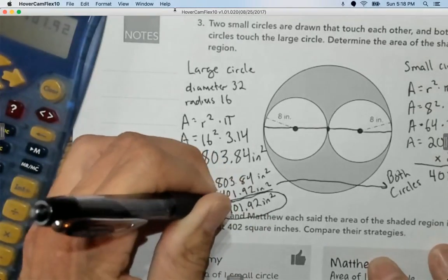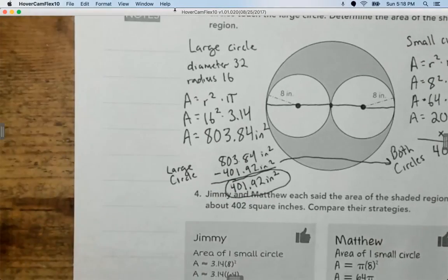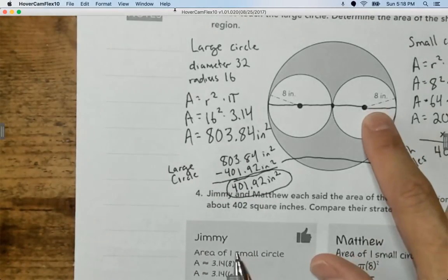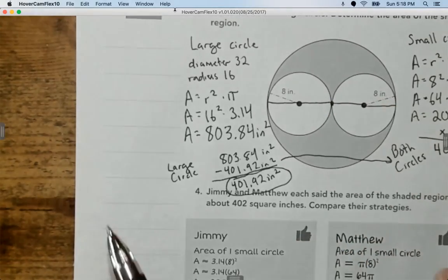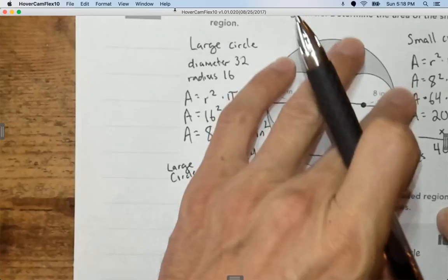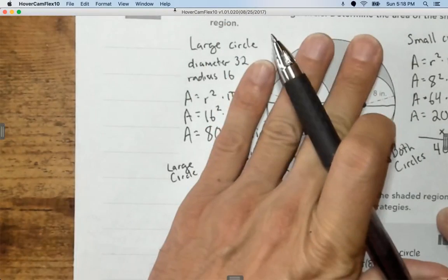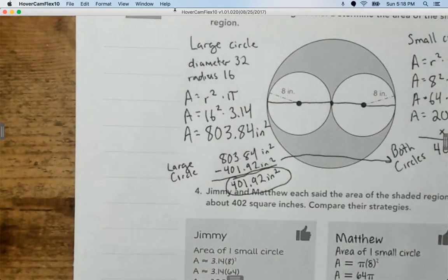That makes sense to me because this radius is half of the radius of the big circle. That means the area of the big circle should be 4 times the area of one of the smaller circles. Okay, now I look down at the bottom.